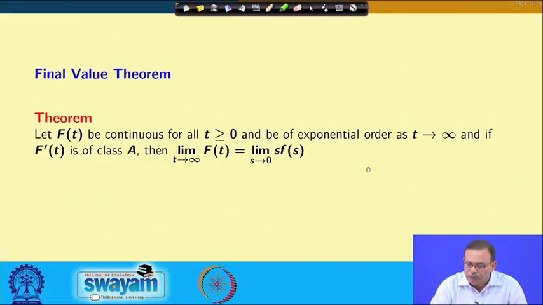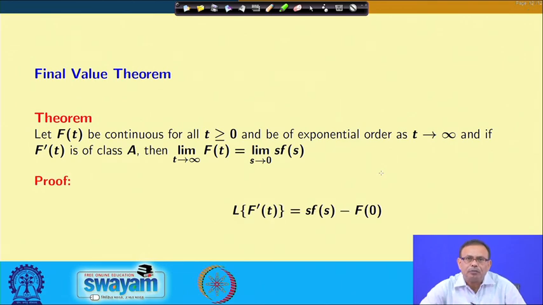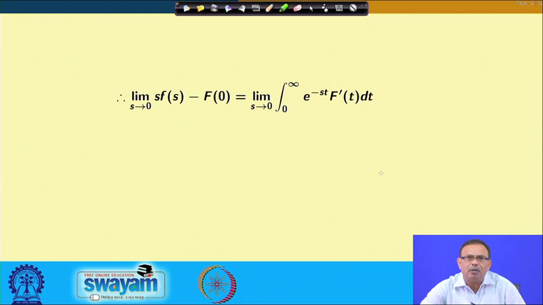If we go quickly through this once more, from here we are getting the integral from 0 to infinity of e^(-st) f'(t) dt equals s F(s) minus f(0). We are now making s approach 0 in this limiting value, putting the limit inside the integration without changing the notation.